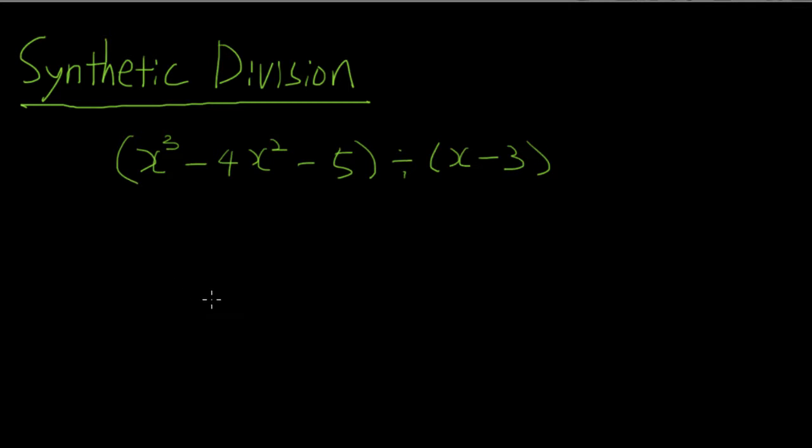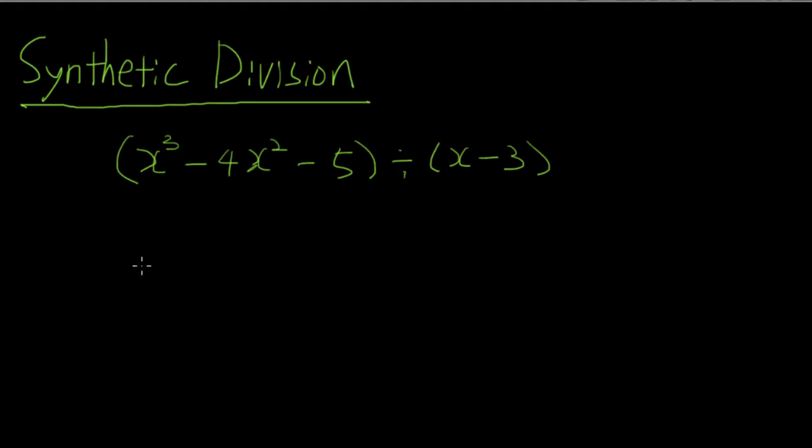Now the setup is relatively easy. We are only going to deal with the number in front of each term. If you remember, the name of the number that's located in front of each variable is called the coefficient, right?